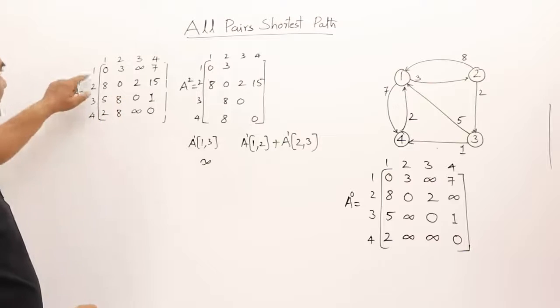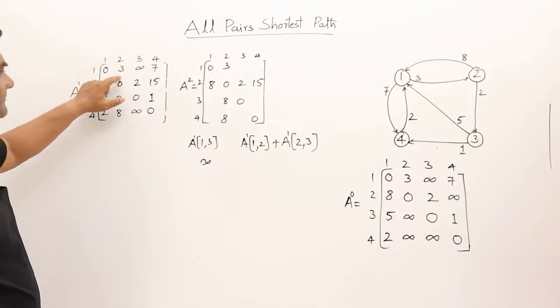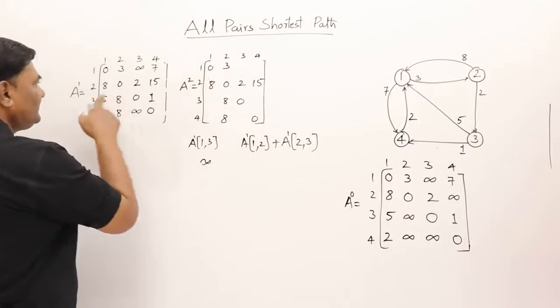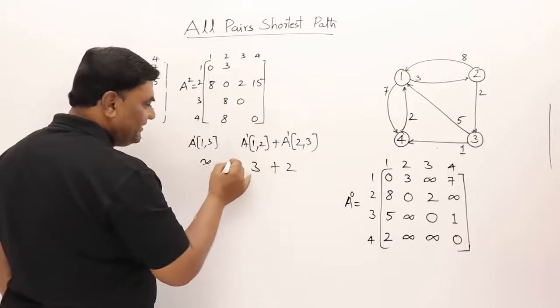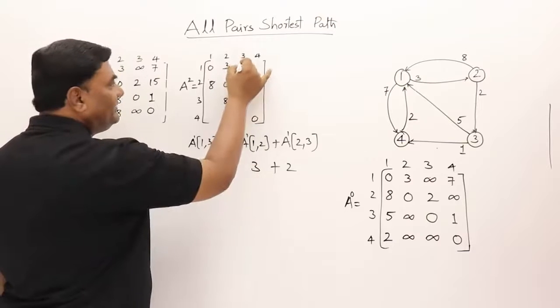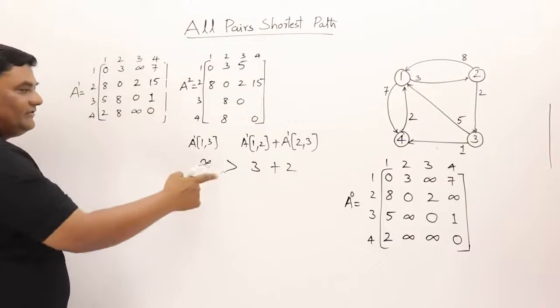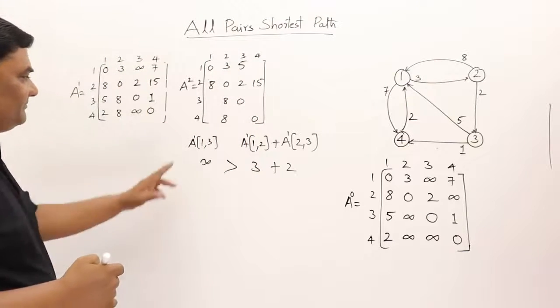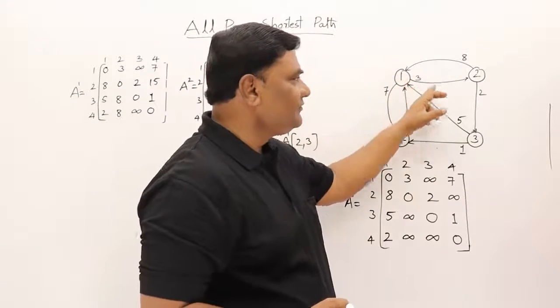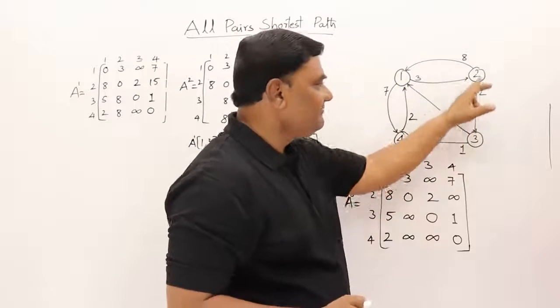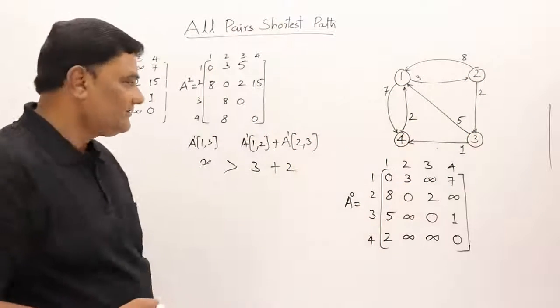Check this one. 1 to 2 is 3 and 2 to 3 is 2. So this is 3 plus 2, that is 5, and this is smaller. Update this. Now this was infinity. Now we got a path via vertex 2 in between 1 and 3. So 1 to 3, there is a path going to 2, then 3. So 3 plus 2, 5. We got a path here.